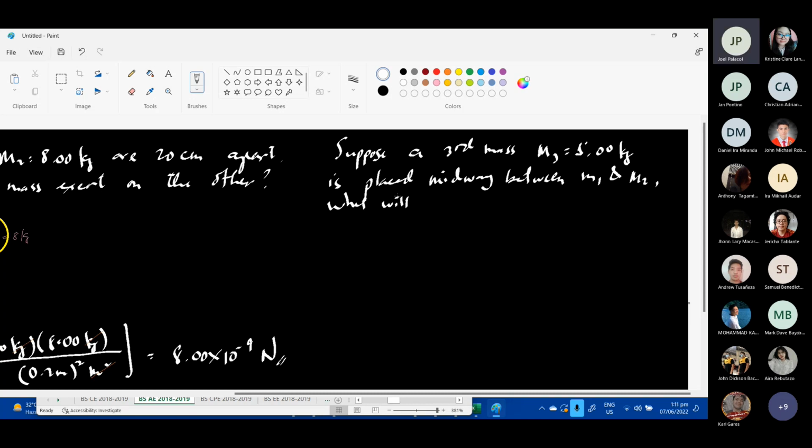What will be the net force on M3? So, M1, M2. Then we place a third mass somewhere here.